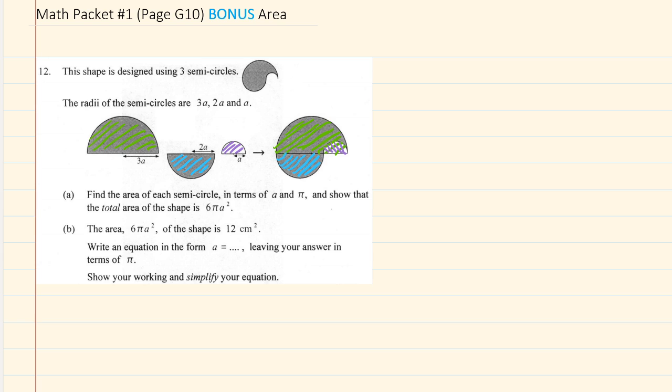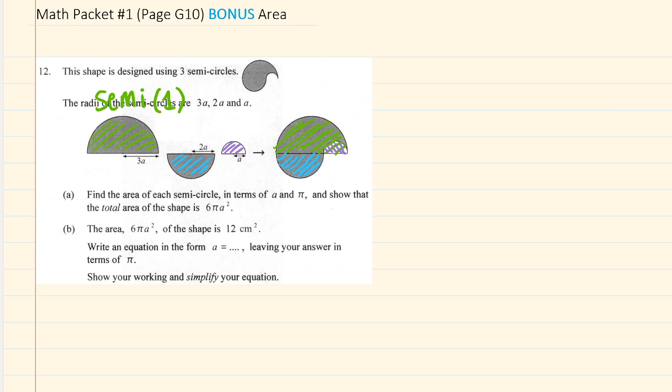So find part A. Find the area of each semicircle in terms of a and pi, and show that the total area of the shape is 6 pi a squared. Okay, so I'm going to call this green shape semicircle 1.